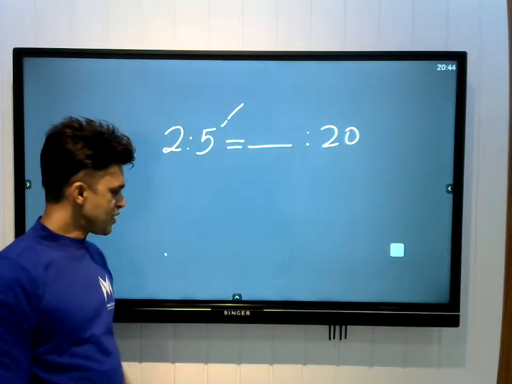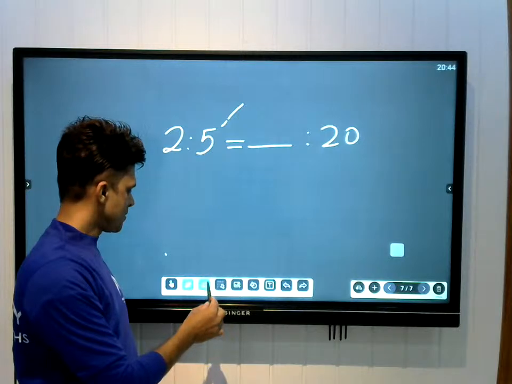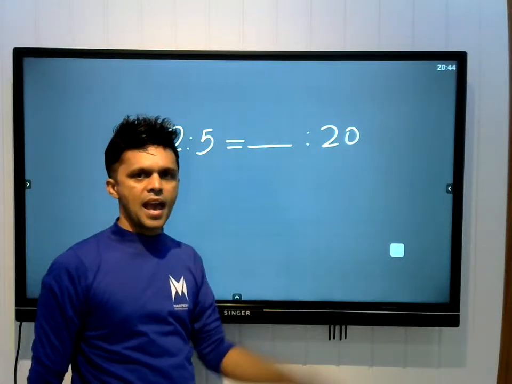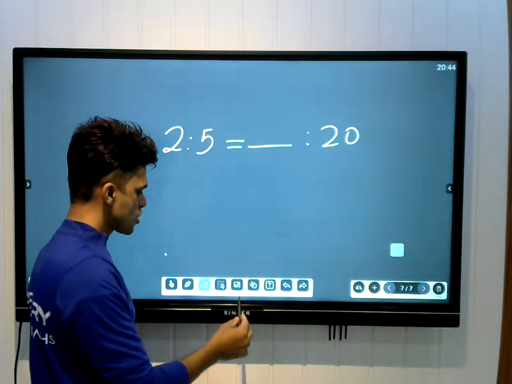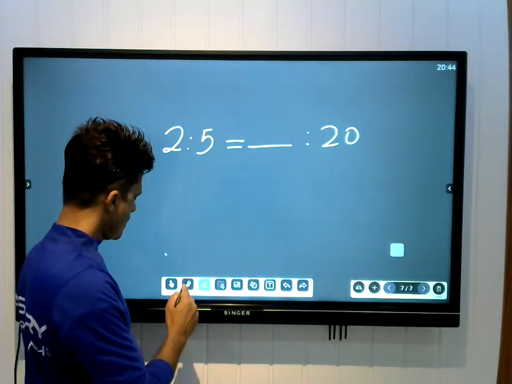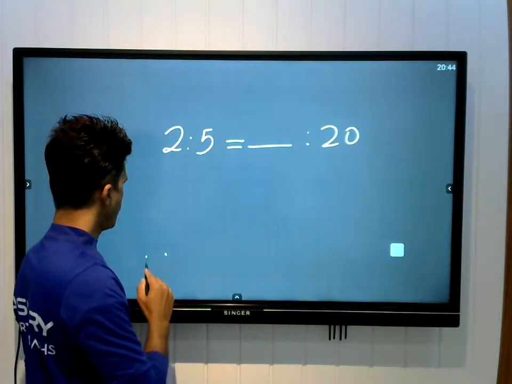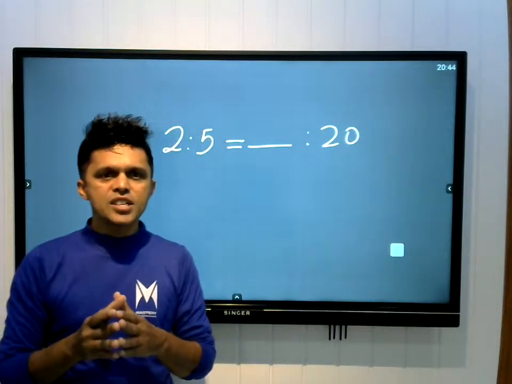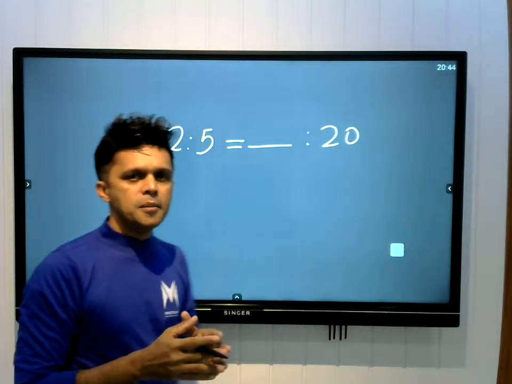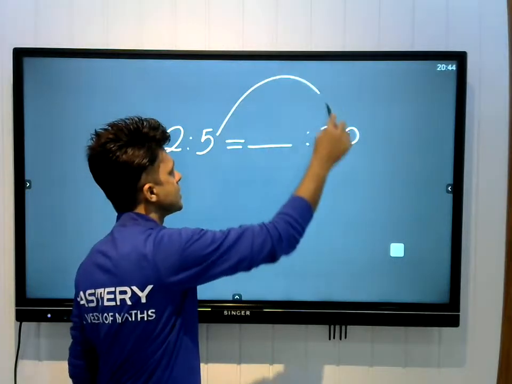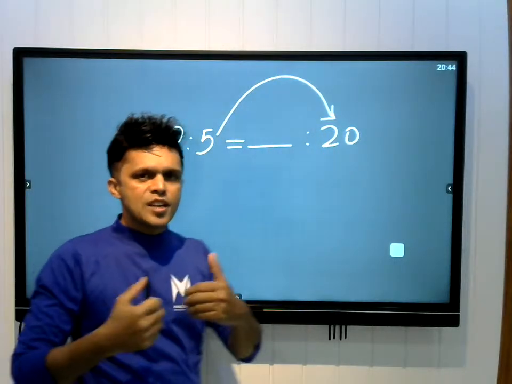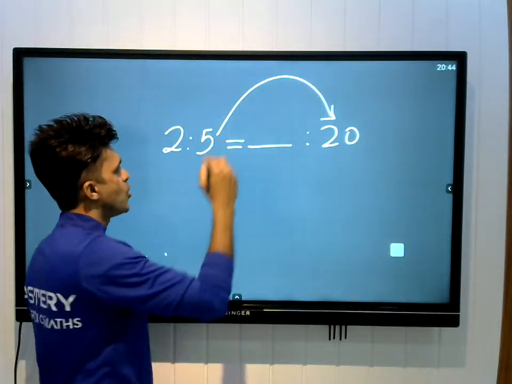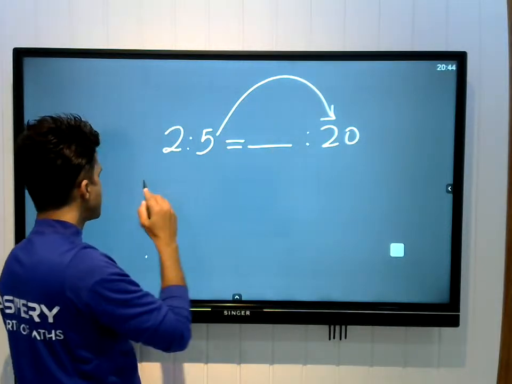So what is the value that we need to write in this blank? What is the digit that we need to take to multiply here?